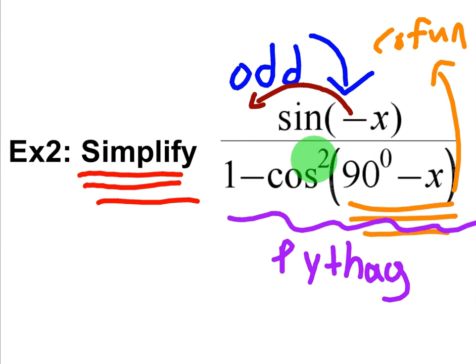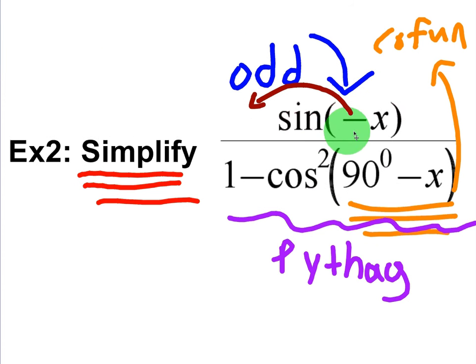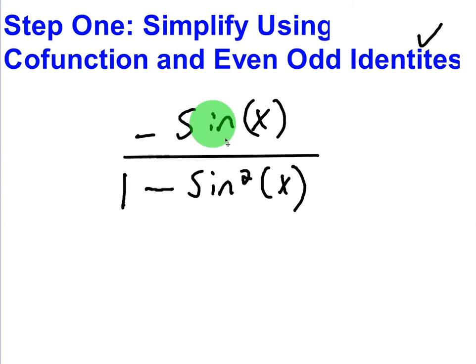Remember, the exponent doesn't matter because you're just multiplying it by itself. If you were to split this apart, it would be cosine of 90 minus x times cosine of 90 minus x, which equals sine times sine, which equals sine squared. So we get sine squared for the bottom and negative sine of x on top by moving it out. So again, we used odd on top and we used cofunction on the bottom. Nothing happened to the 1 minus yet. That will come into play for the second step when we use Pythagorean identities.